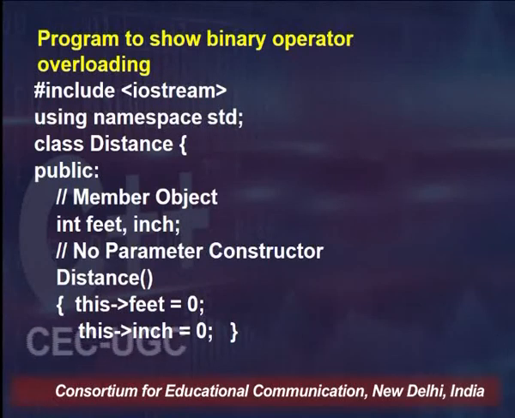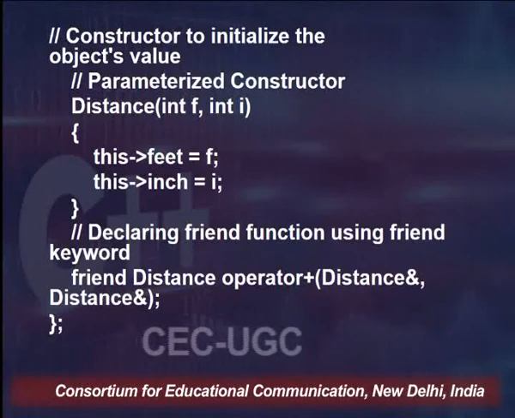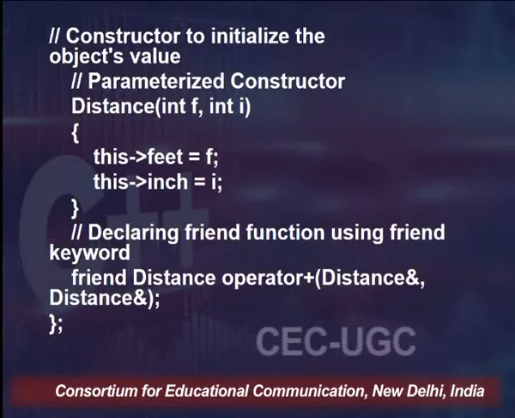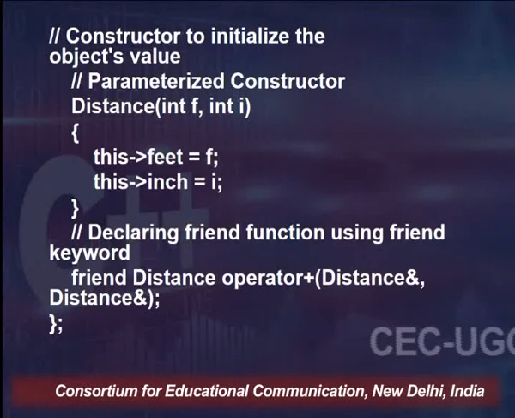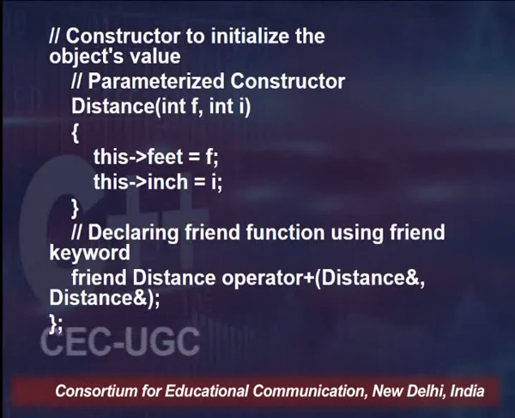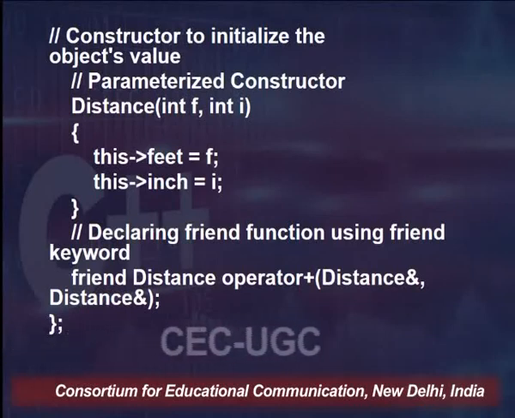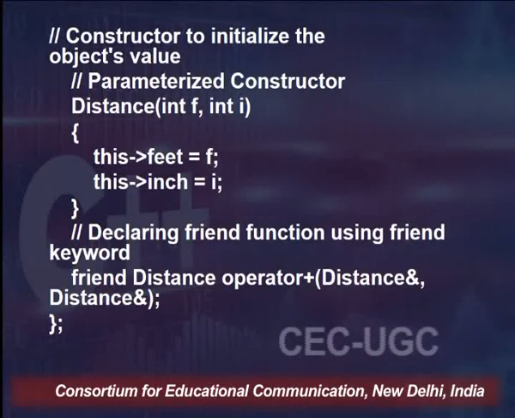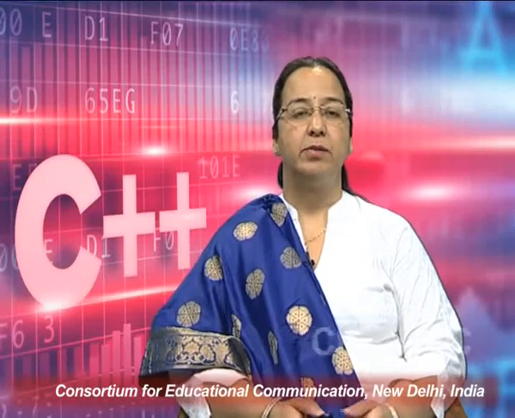If we specifically talk about the friend function, here you can see at the end of the screen that friend distance is the name of the class, and hence the return type here, operator plus and distance ampersand comma distance ampersand. So, basically objects of class distance are being passed by reference mechanism, not by pass by value.